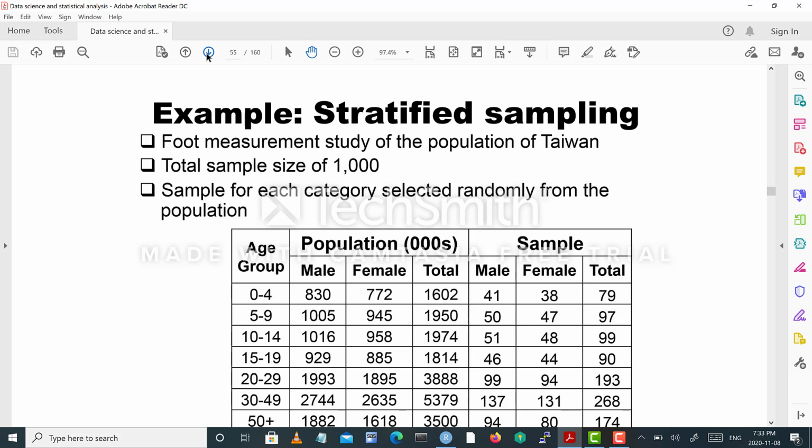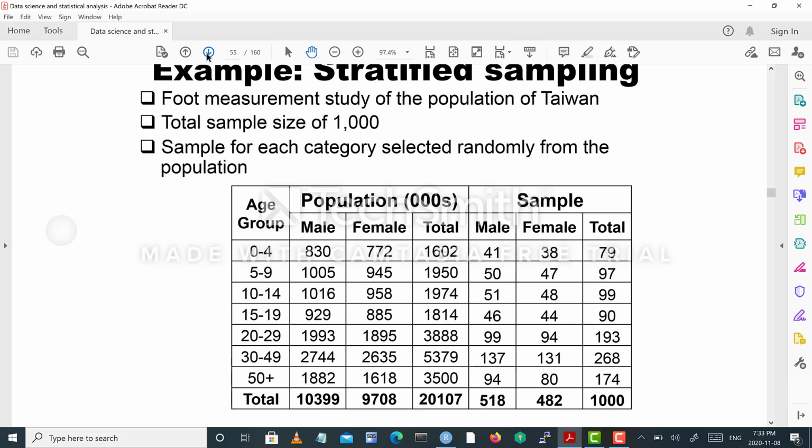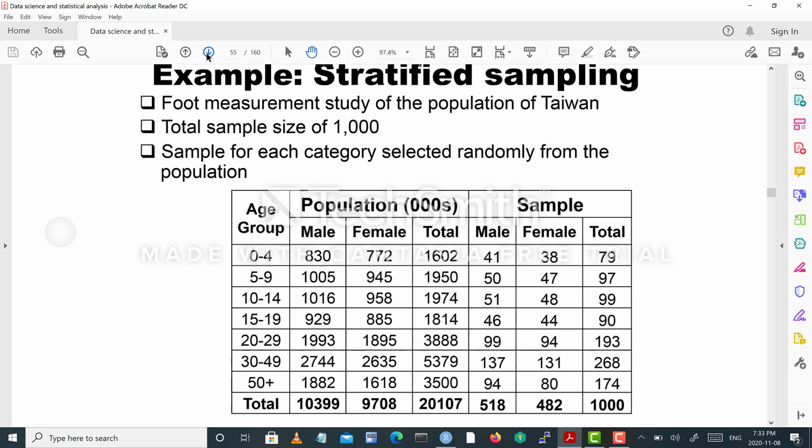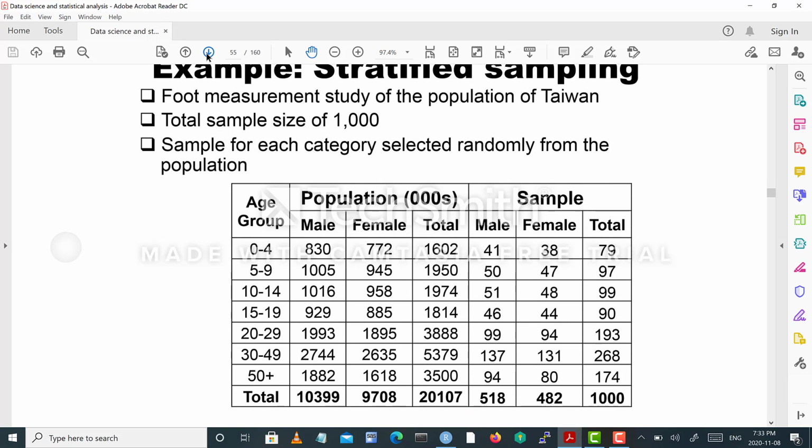Example for stratified sampling: a foot measurement study of the population of Taiwan. Total sample size of 1,000 from the population. The sample for each category is selected randomly from the population.